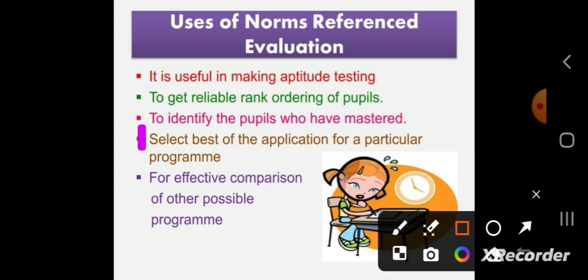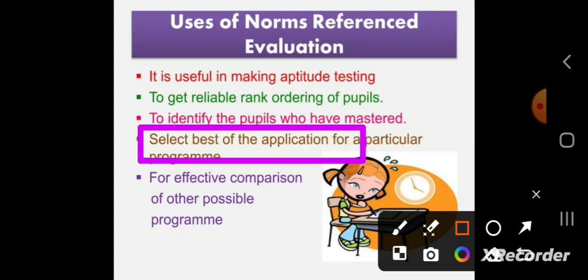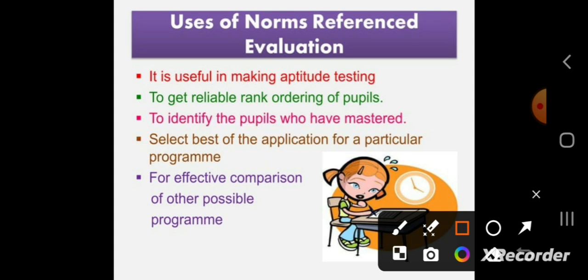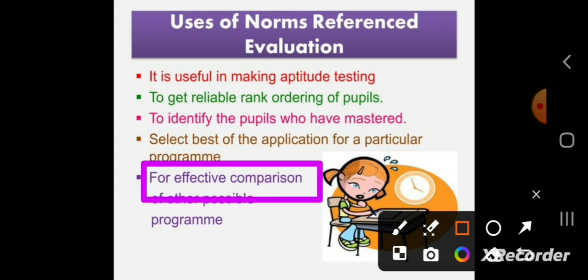Selection of best applicant. It is useful in competitive contexts such as selecting candidates for a program or job where only the top performing individuals are chosen. Effective comparison across programs.